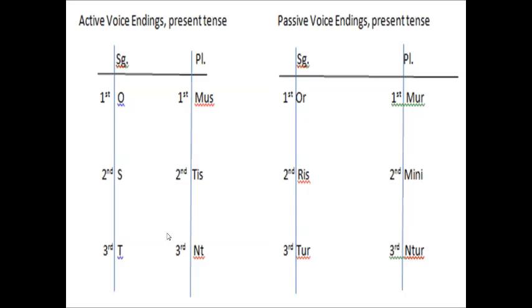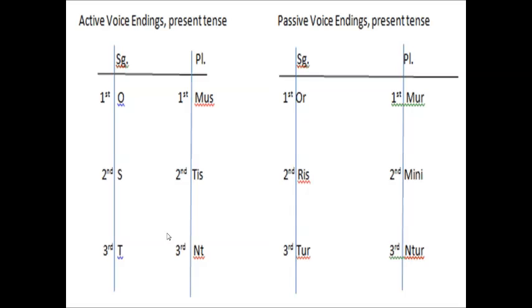So if you look at your active voice endings on the left, you see o, s, t, mus, tis, nt, which hopefully you're already quite familiar with. If you look at your passive endings, you have or, ris, tur, mur, mini, ntur. And look at the way that on the left side you have o, and on the right side you have or. On the left side you have s, on the right side you have ris.